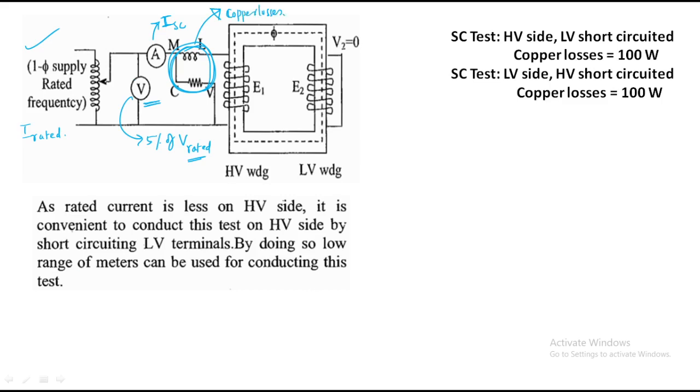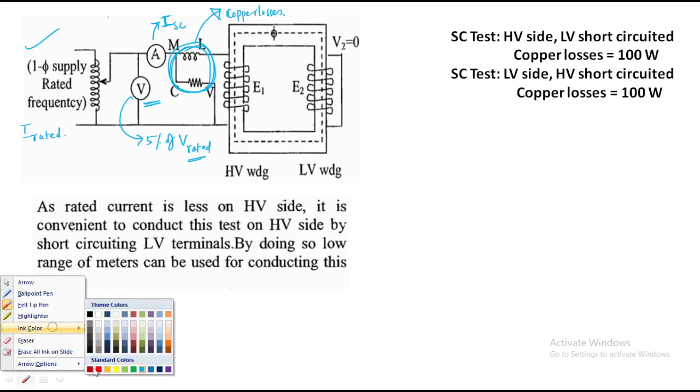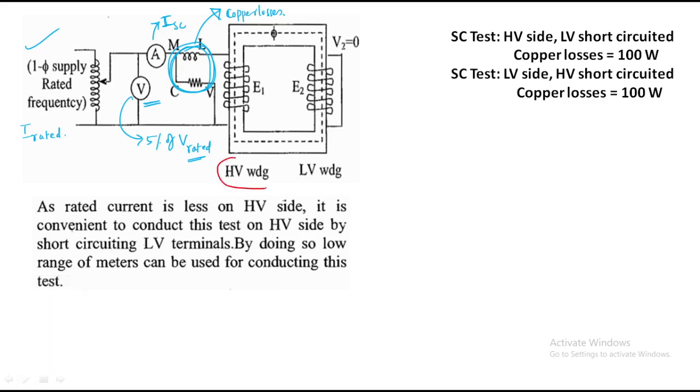We are going to conduct this test preferably on the HV winding, and the LV is short circuited. As rated current is less on the HV side, it is more convenient to conduct this test on the HV side by short circuiting the LV terminals. By doing so, low range meters can be used for conducting this test.